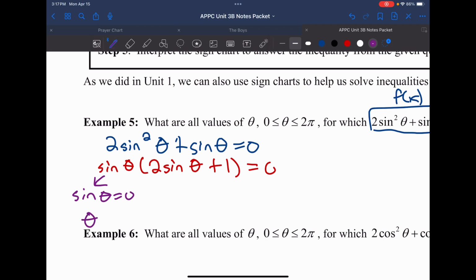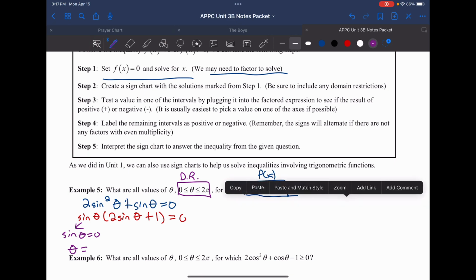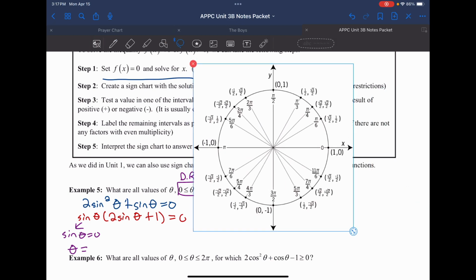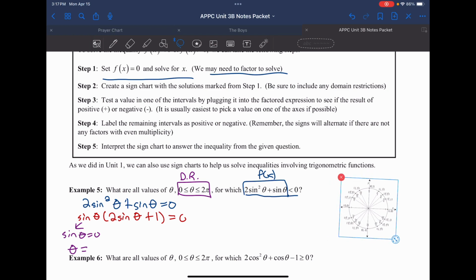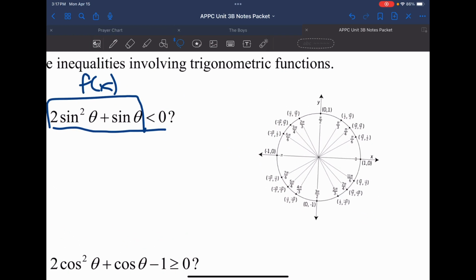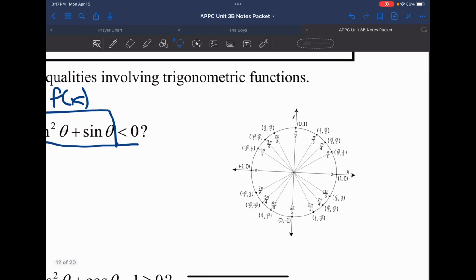And that happens when theta is equal to, and remember your domain restriction right here. It's my domain restriction. So my unit circle. Got my unit circle here, and I'm looking for when sine is equal to 0, so my y coordinate is 0.